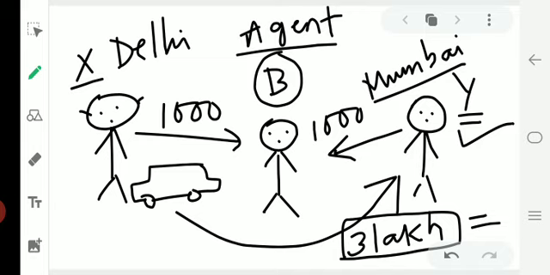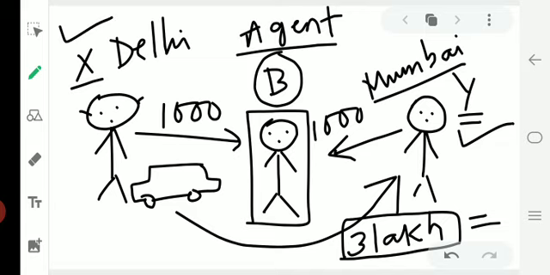That means B is working as an agent, mediating in providing service to both X and Y. X and Y are getting productive services from B. So B in total gets 2000 rupees as commission.